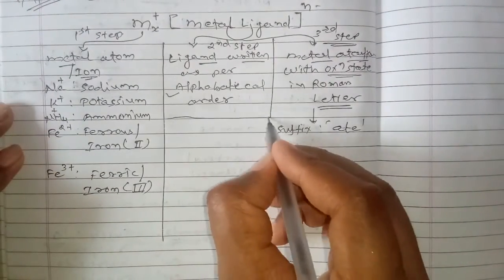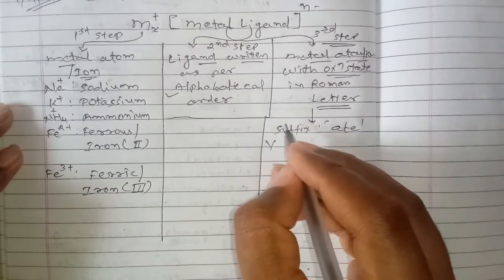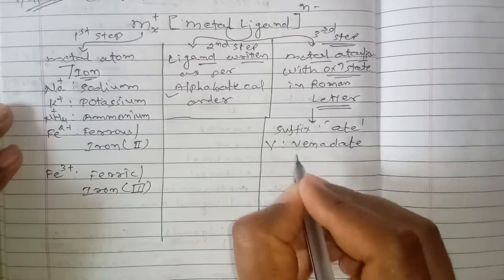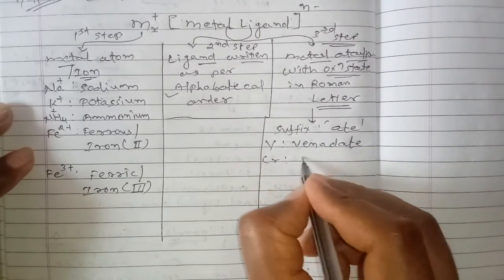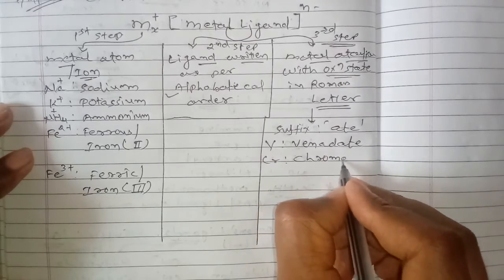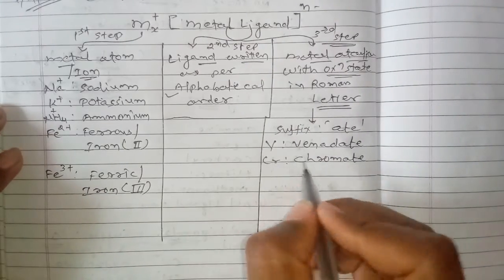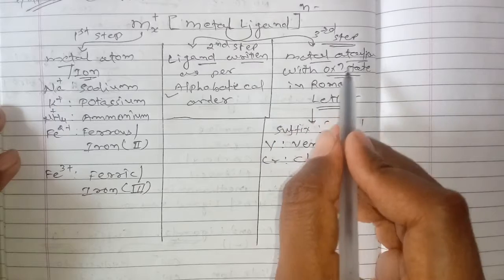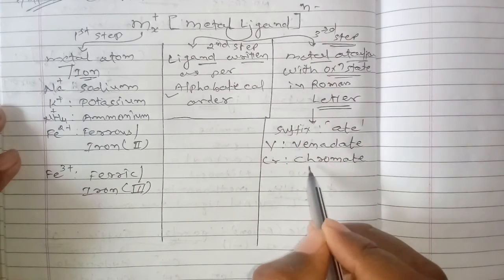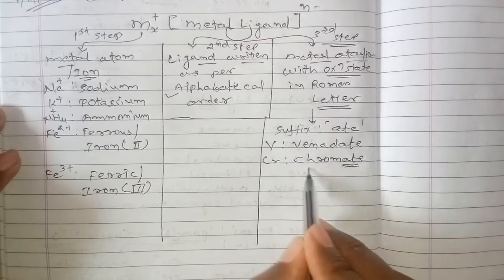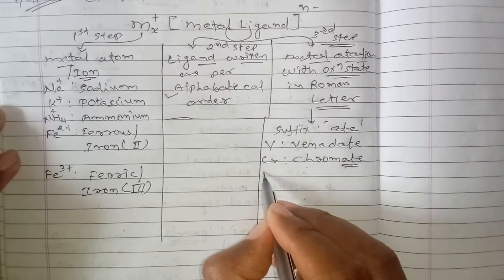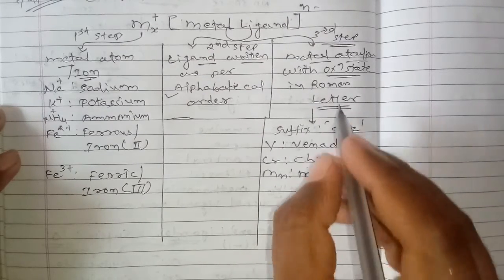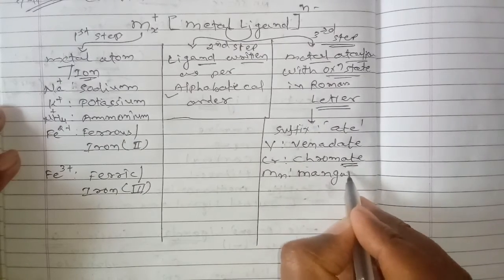For example, V for vanadate, Cr for chromate. Here Cr is the chromium metal, but with the -ate suffix it is chromate. Mn is manganese, but with the -ate suffix it is manganate.